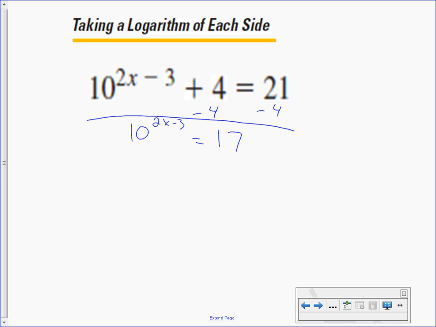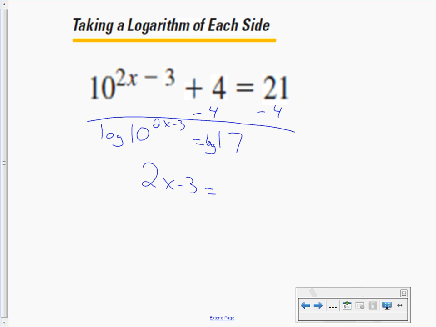Did everybody hear what Jan said to do next? Log base 10 of both sides. You can write just log, that's fine. Now if you log both sides, you wind up with 2x minus 3 equals the log of 17.